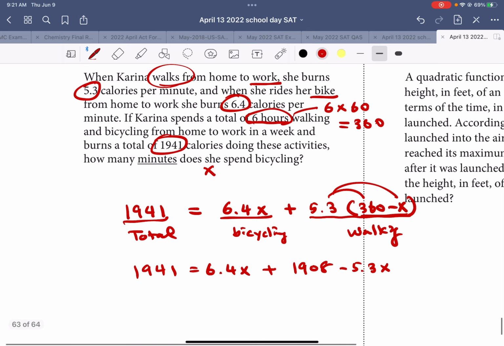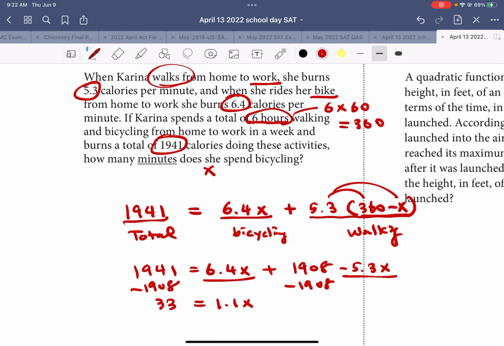If you collect like terms, 6.4x minus 5.3x is 1.1x. And then if you subtract 1908 from both sides, you get 33. So your x value, when you divide by 1.1, is 30. Okay, so 30 minutes she spent bicycling.